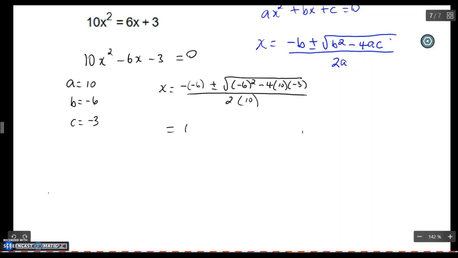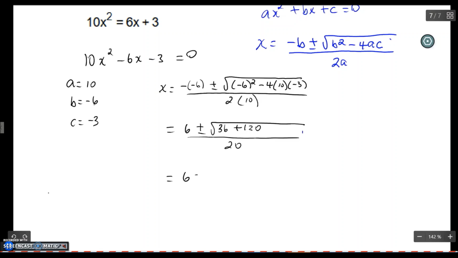Negative of a negative 6 is 6, plus or minus the square root. Negative 6 squared would be 36. Now I've got two negatives here, so it's going to be 4 times 10 is 40, and 40 times 3 is 120, but it'll be a plus 120, right, because of the two negatives. All right, and then in the denominator, we just have 20.